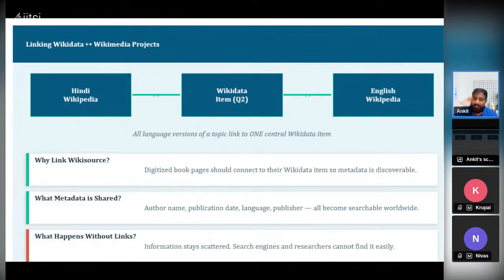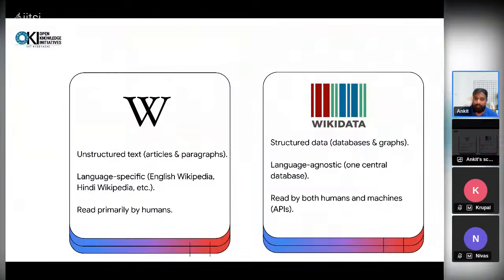And what metadata is shared? Author name, publication date, language, publisher, and all these things become searchable worldwide through machines using APIs and crawlers. What happens without links? If there is no link, the information would be scattered. It will be hard for search engines to find this information, and researchers cannot find it easily. So this is how Wikidata helps the ecosystem.